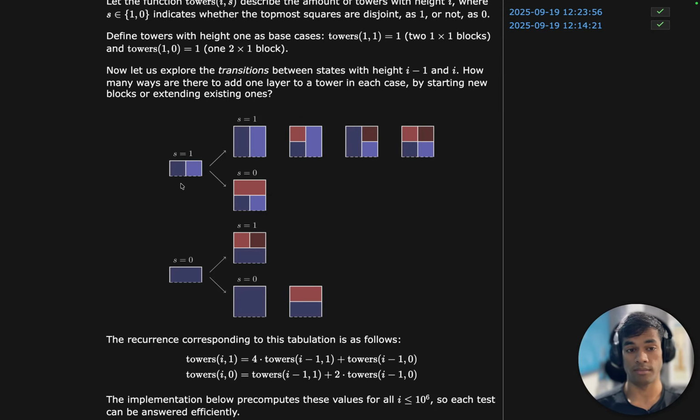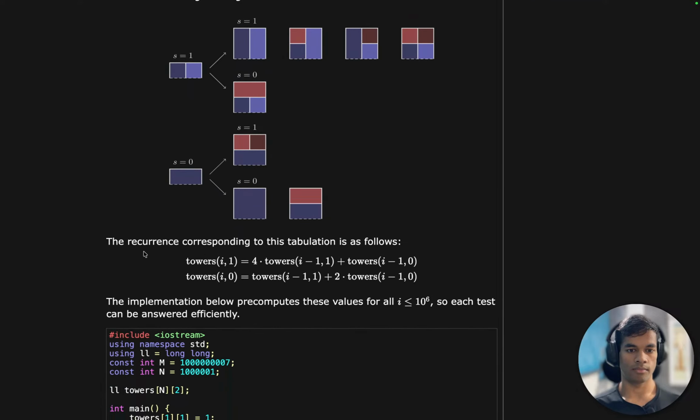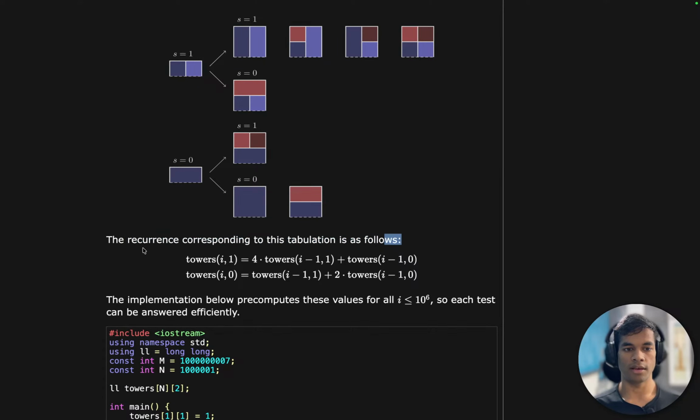When s equals 1, there is a split, and when s equals 0, there is not a split. How can we grow this thing upward? We can grow it like this or like this. It's the same thing, but with different notation.